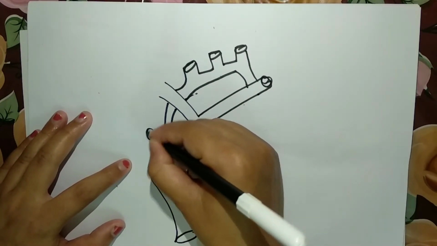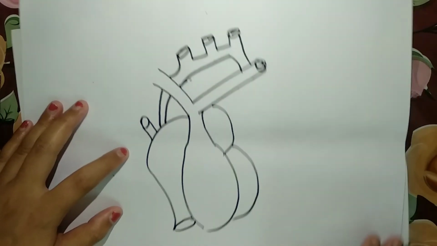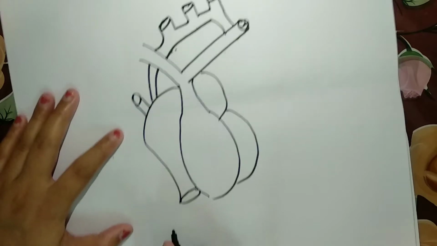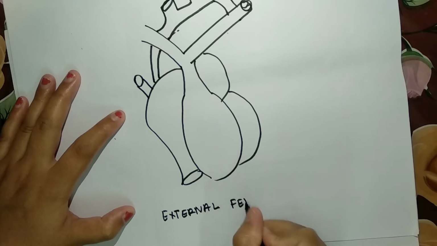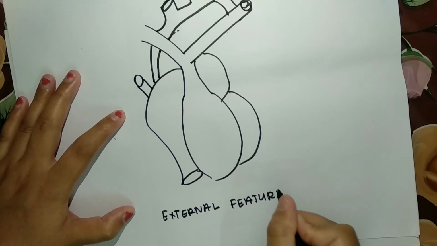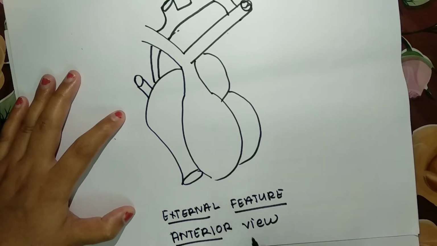One more is remaining here. This is the external feature of the heart. This is the anterior view, when we see the heart from the anterior side, from the front side.